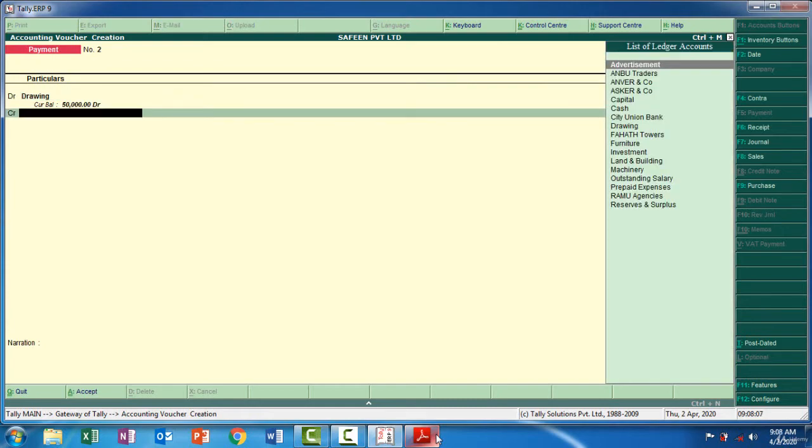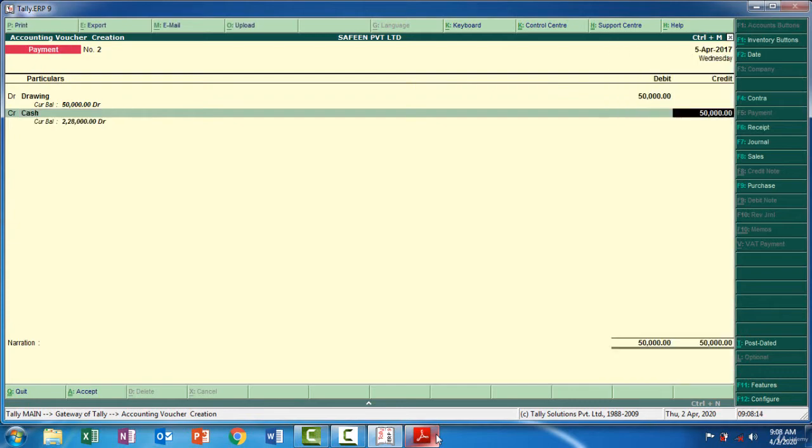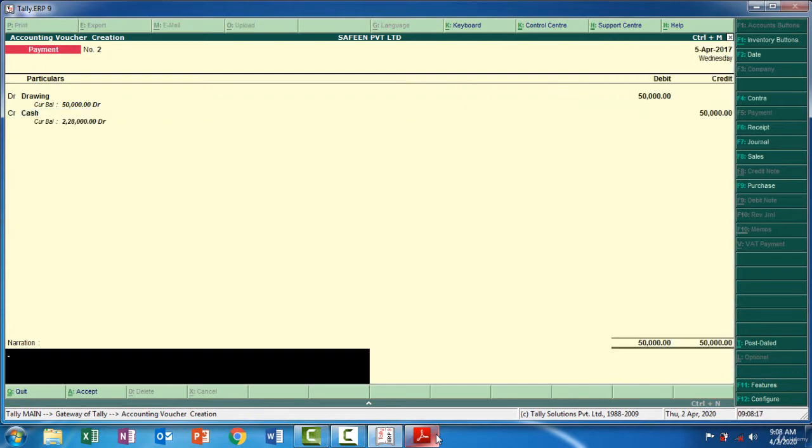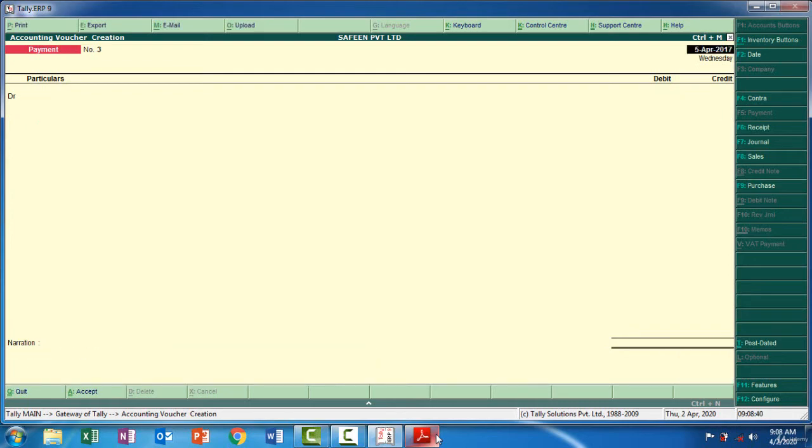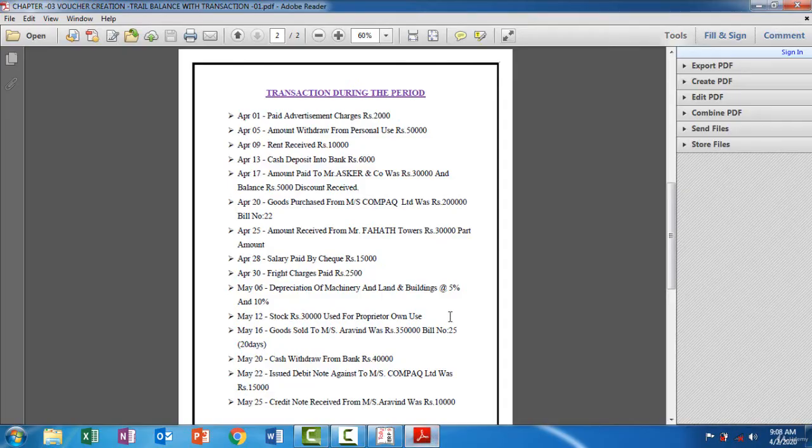Then credit is cash account, because he took it from the cash. The narration is owner's drawing 50,000 cash. Okay, then yes. Second transaction done.